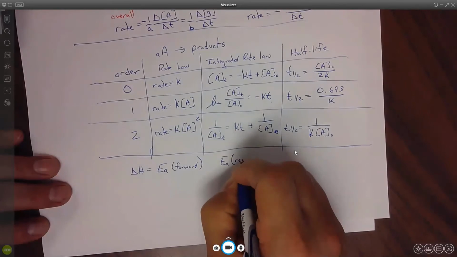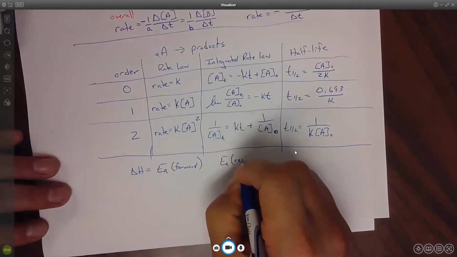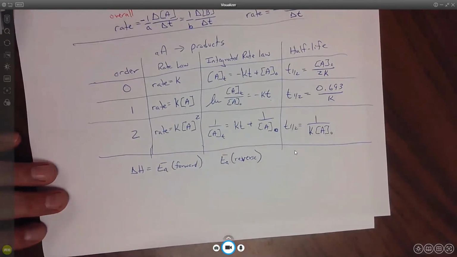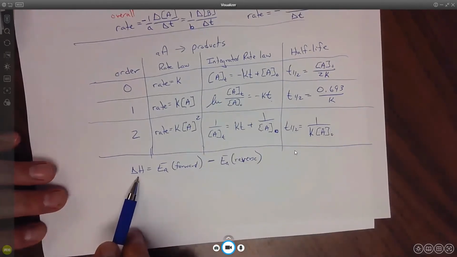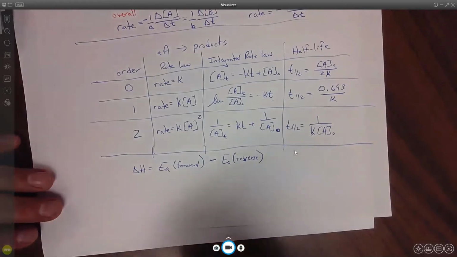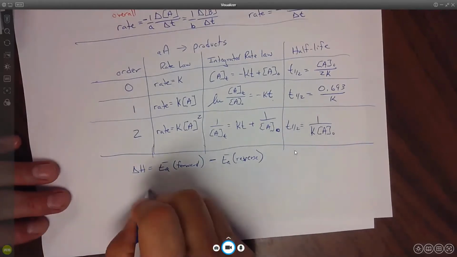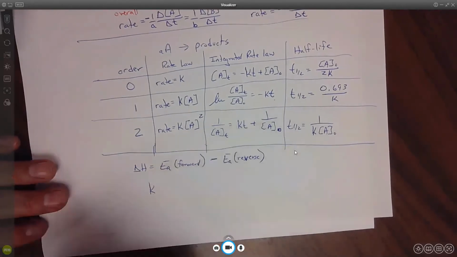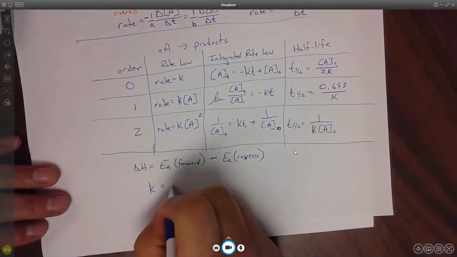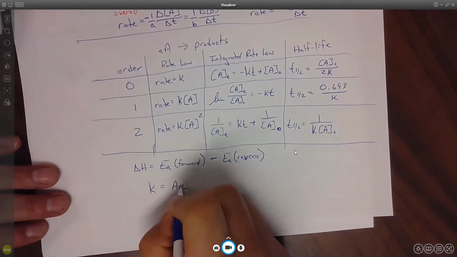And that has its own activation energy. And the difference between these two is actually equal to the enthalpy of a reaction. Then we're going to talk about where K comes from. What is K dependent on? Can we actually calculate K in some other way? And it turns out we can. We have this equation here.